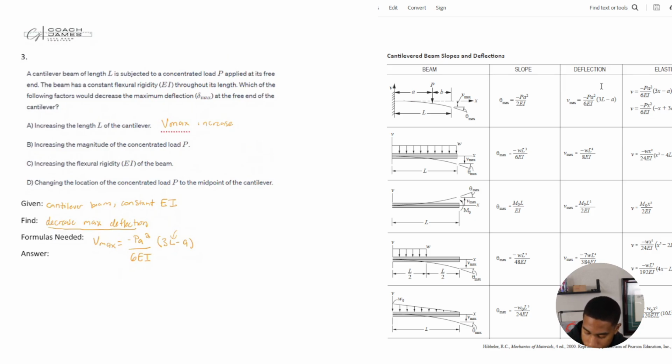When I do that, my V max again increases. Okay. What about increasing EI? Okay. So if I increase EI, I say A is 1 and L is 1, but I increase my EI to 2, then my V max decreases.